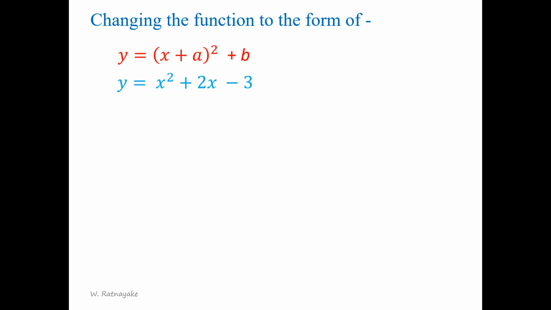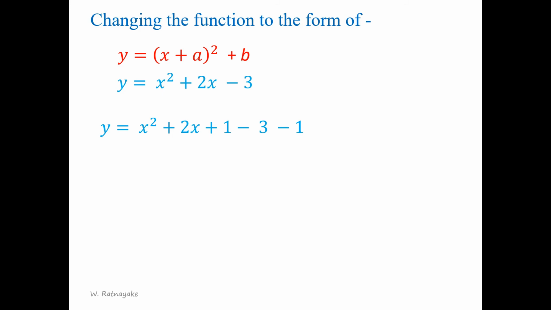And if we have added 1 to the right hand side, to balance it we have to subtract that amount, then only the previous expression and the new expression would be equal. So as the result of completing the square, we can write this expression as x squared plus 2x plus 1 minus 3 minus 1.